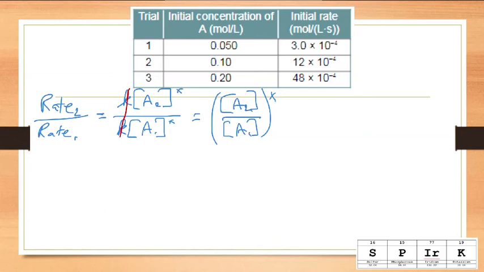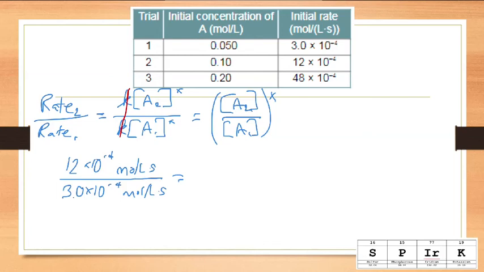So now we have our equation, and we can just plug in our values. Rate 2 from the table is 12 times 10 to the negative 4 mole per liter seconds. Rate 1 is 3.0 times 10 to the negative 4 mole per liter seconds.